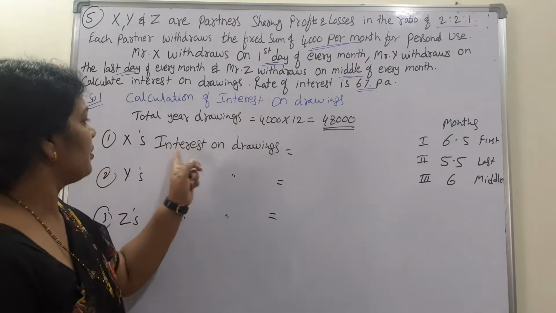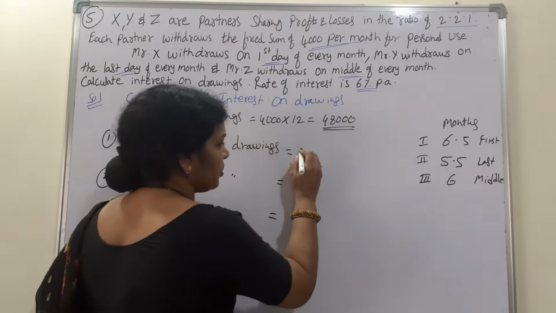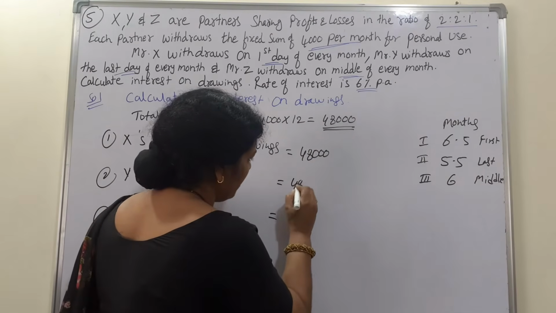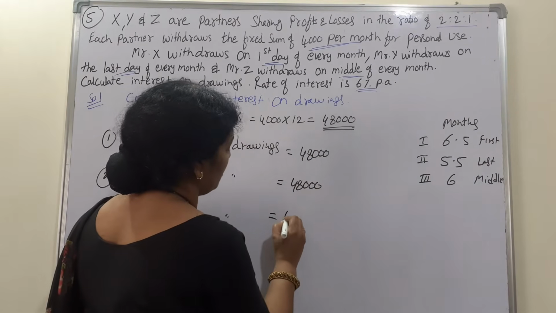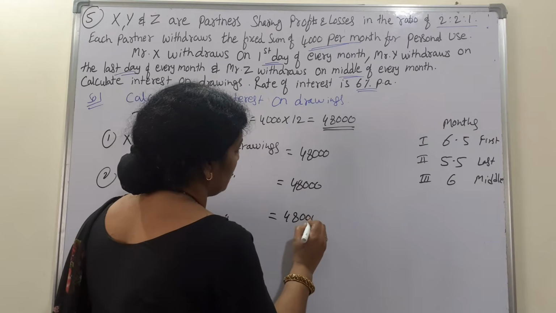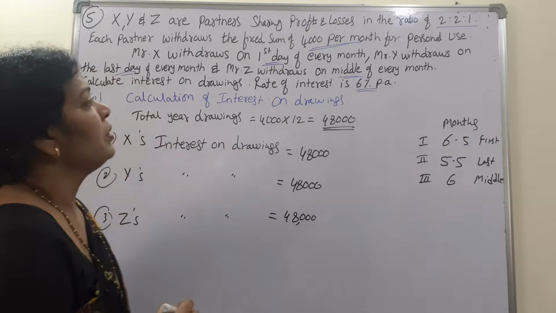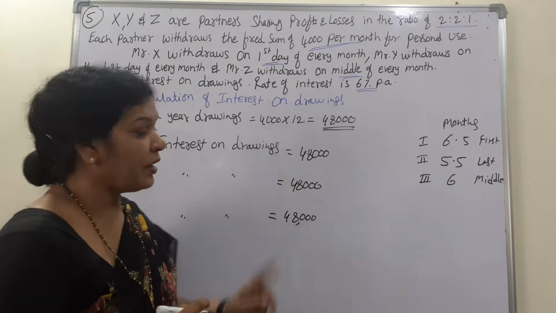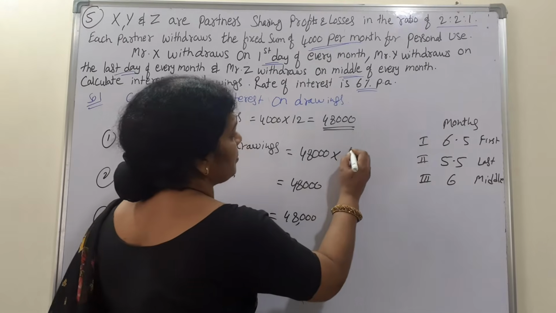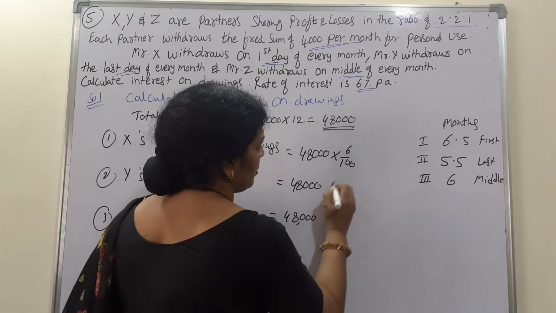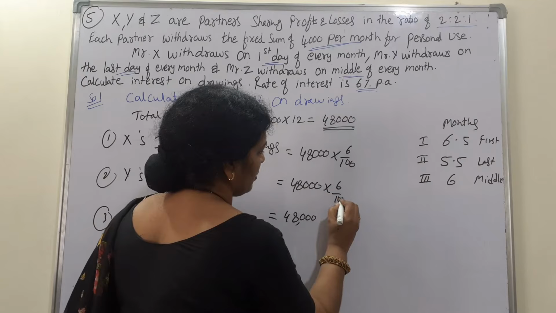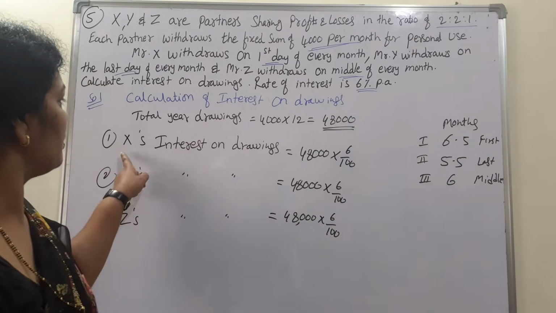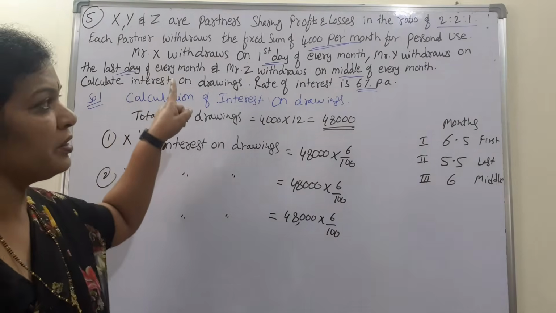Now the calculation is here. Interest on drawings: the total amount is 48,000. Each person is drawing 48,000 only, 4,000 every month. And now the interest rate is 6%. X is withdrawing every month on the first day only.